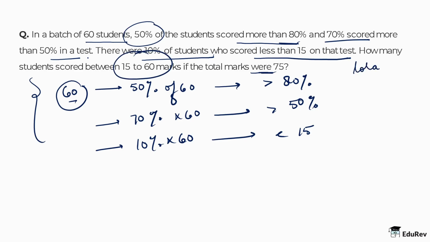So they are saying that the total marks were 75, and we need to see how many students scored between 15 to 60 marks. I hope you have understood this question, and after reading and analyzing the question, you can see the way I have written this. It can vary from person to person. You can make a table, you can make a flow chart, or you can simply do a rough calculation here and there. It's up to you the way you want to present, because nobody is going to see your rough sheet. You just have to be comfortable with it.